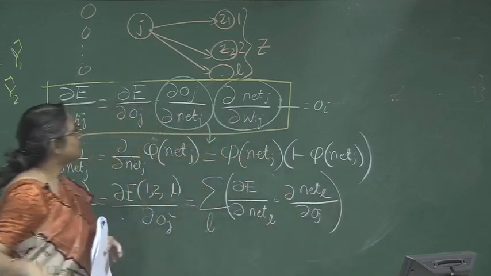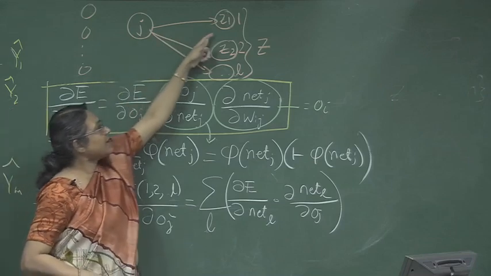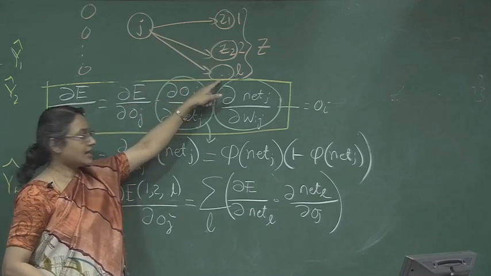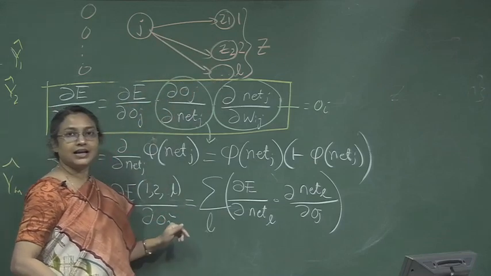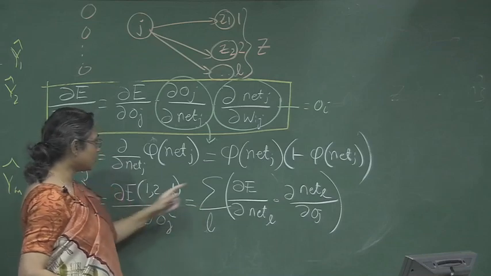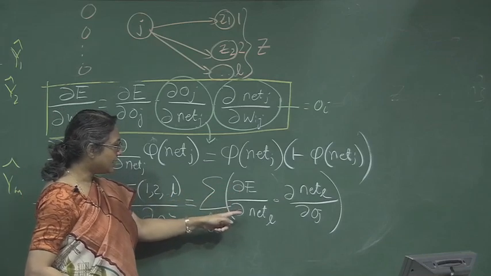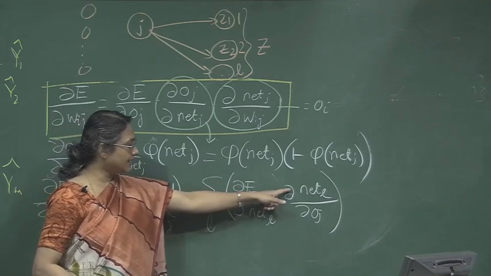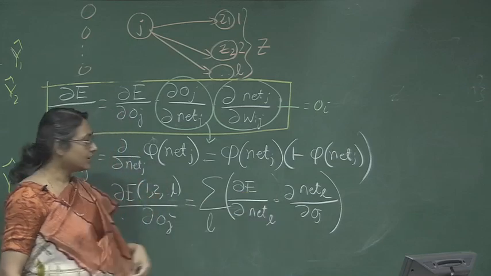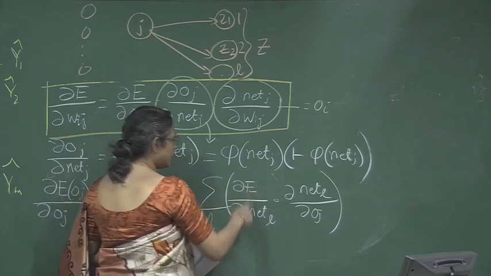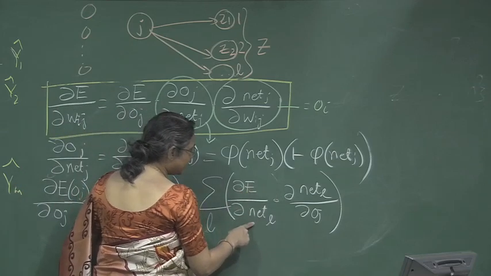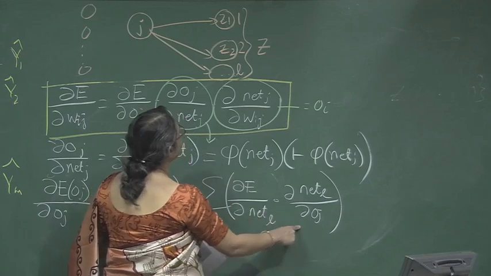Okay. So, this error is coming from these units, and I am taking the summation over that. So, summation of del E by del OJ, where it is coming from this unit. So, we were writing it in chain form as del E by del net L by del OJ.